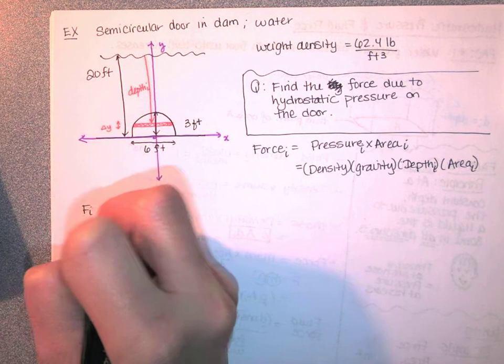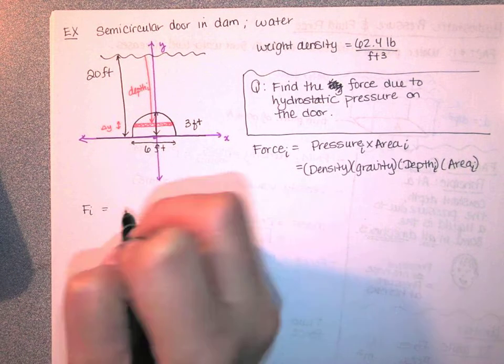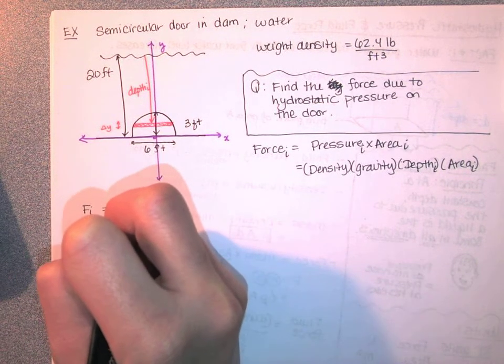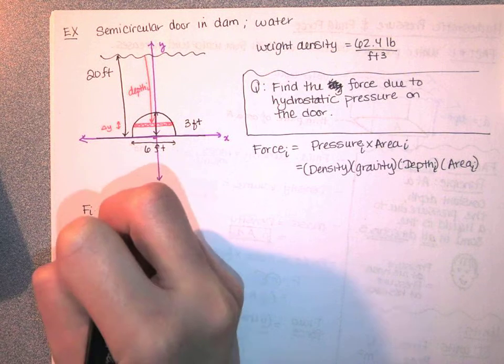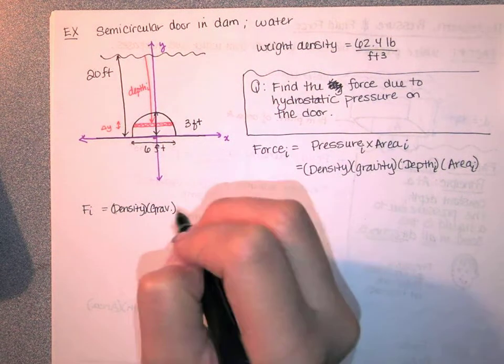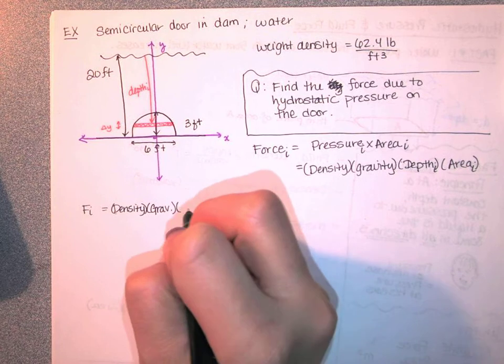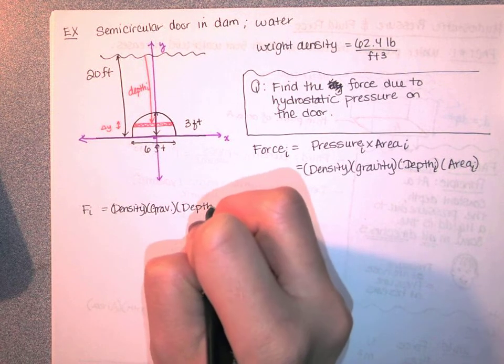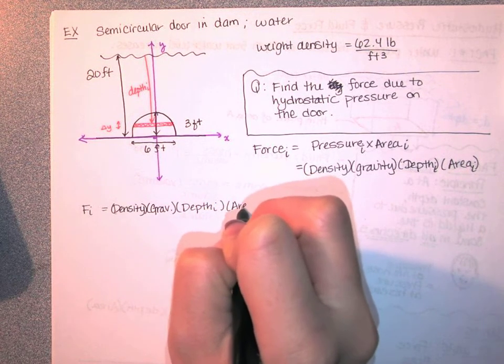I'm going to start using abbreviations. Force is density times acceleration due to gravity, times depth, times area.